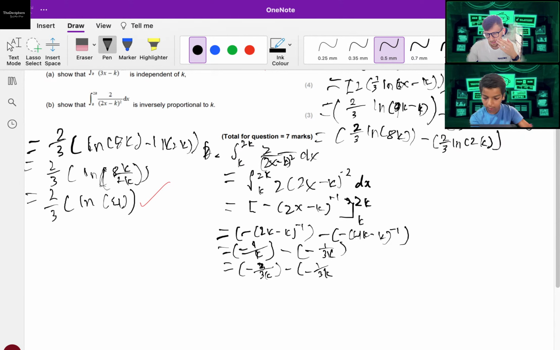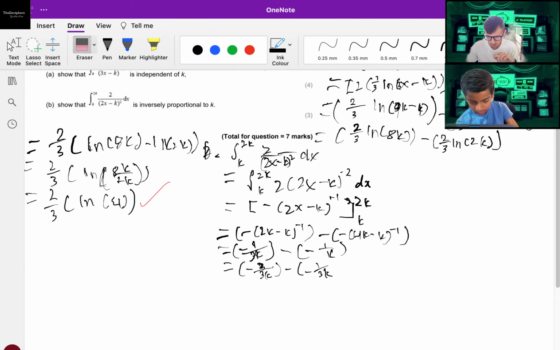I think you need to be careful because you've put your k in first, haven't you, rather than the 2k in first. So that's 3k, that's just k, and it's easy to fix: you just think about which ones you need to change from negative to positive.